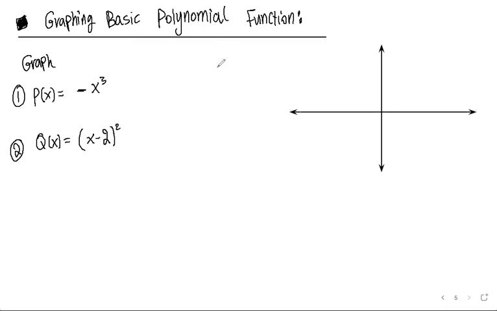X squared. No, this is x cubed. X cubed, yes. So for the first one, I know how to graph the function f of x equal x cubed. The graph for x cubed is something like this.